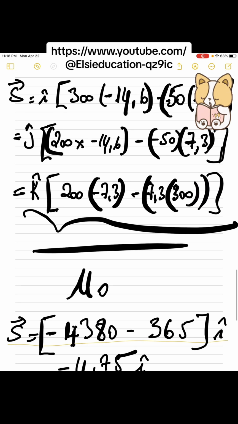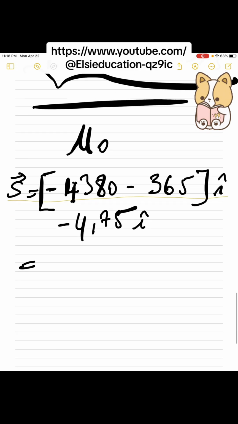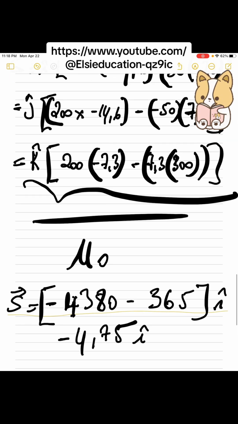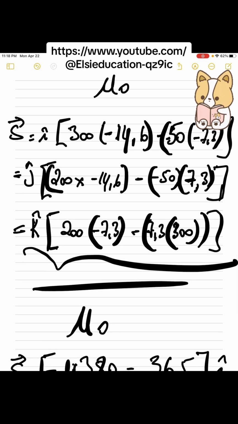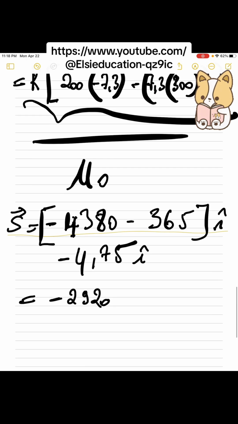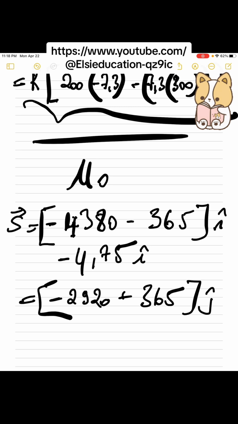On the j, that's 200 multiplied by 14.6, which is 2920, minus 50 multiplied by 7.3, minus 365, and this one on the j section, so minus 2920.